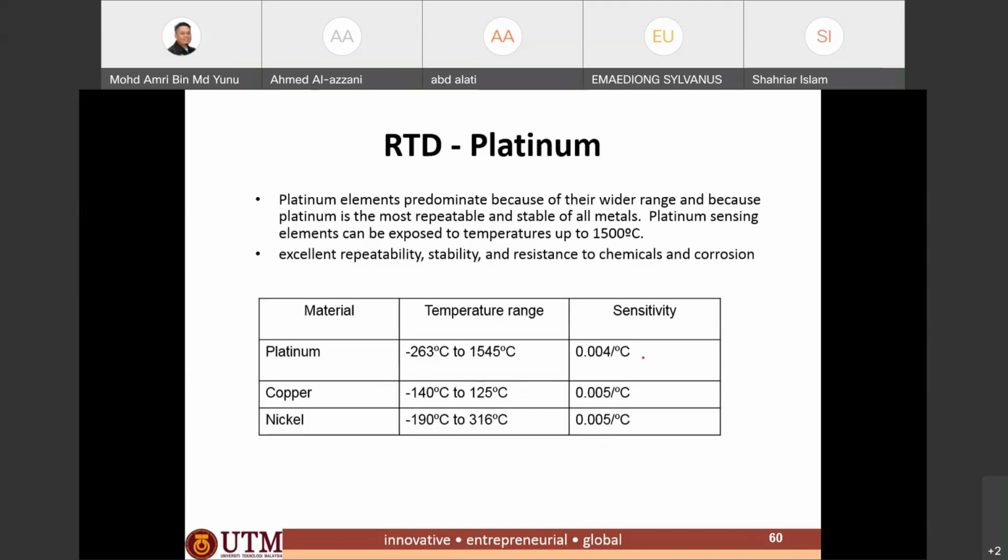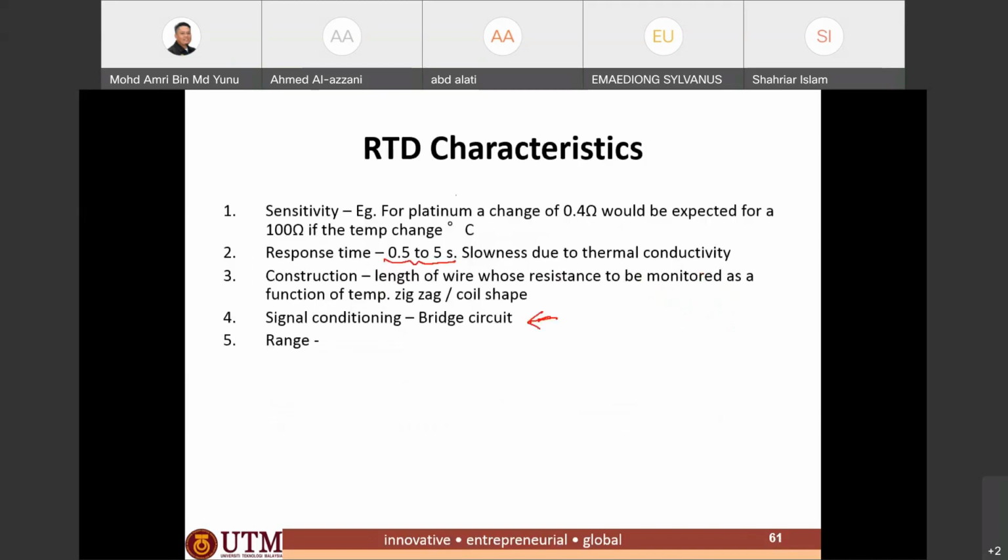The unit of the sensitivity is the output of the resistor over the reference resistor, the ratio, divided by the temperature. So this is the sensitivity unit for the platinum RTD. These are the characteristics of platinum.